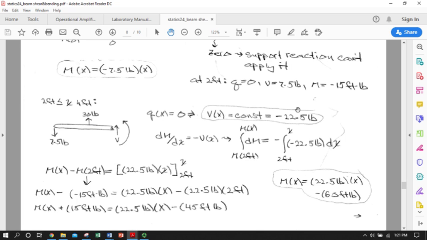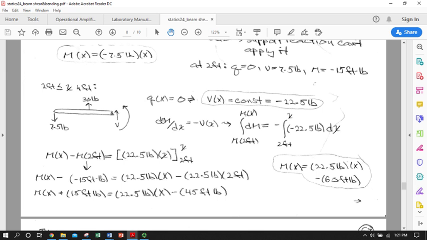Okay, I have a number for shear. Now I want to know something about moment. So I can invoke my dM/dx equals negative V sub x, which is equal to positive 22.5 pounds. Again, I can write this in differential form, so I can say dM equals negative V sub x dx, then just integrate.